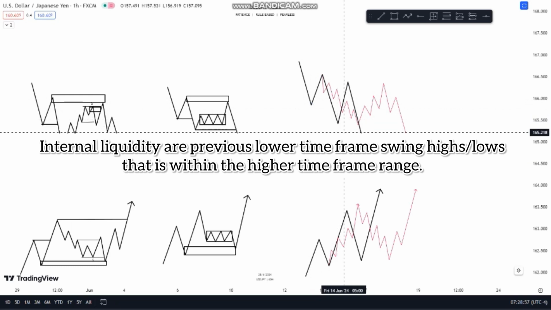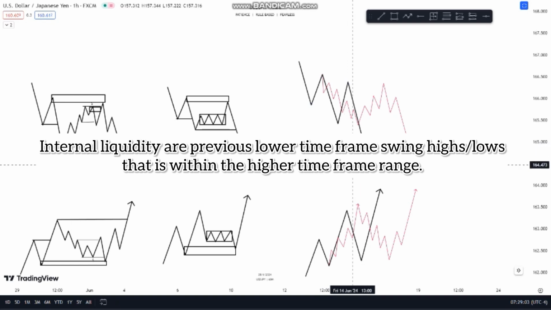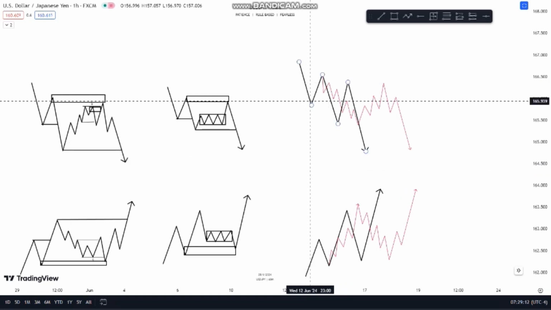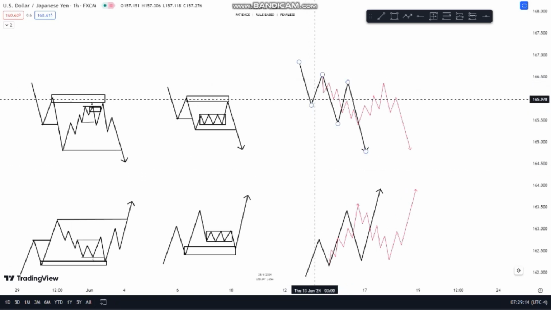Internal liquidity are previous lower time frame swing highs or lows that are within the higher time frame range. As you can see here, let's say for example this black drawing here is the daily time frame.